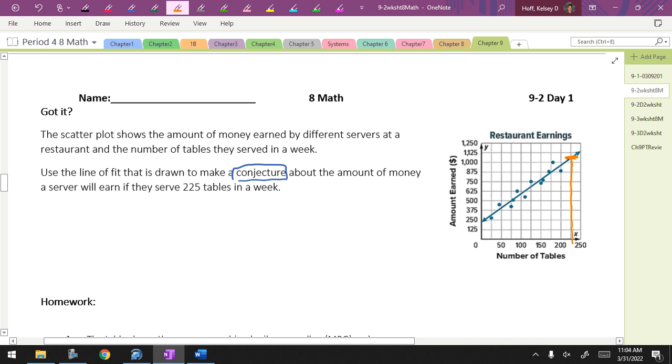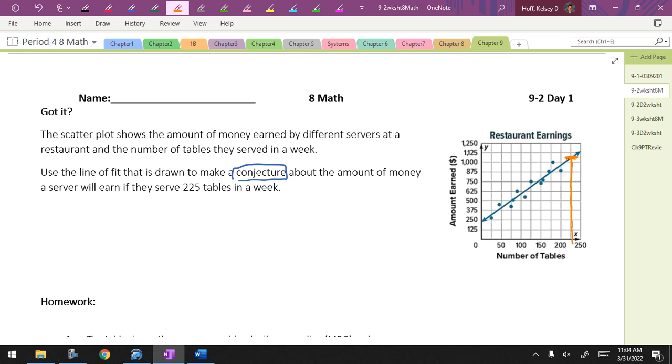Or what should you use as a conjecture? 1,100? I argued that earlier today, but I would probably take it. 1,075. Somebody this morning said 1,050. More so, it's got to be between 1,000 and 1125, but not either one of those because it is not on those grid lines. Follow me?